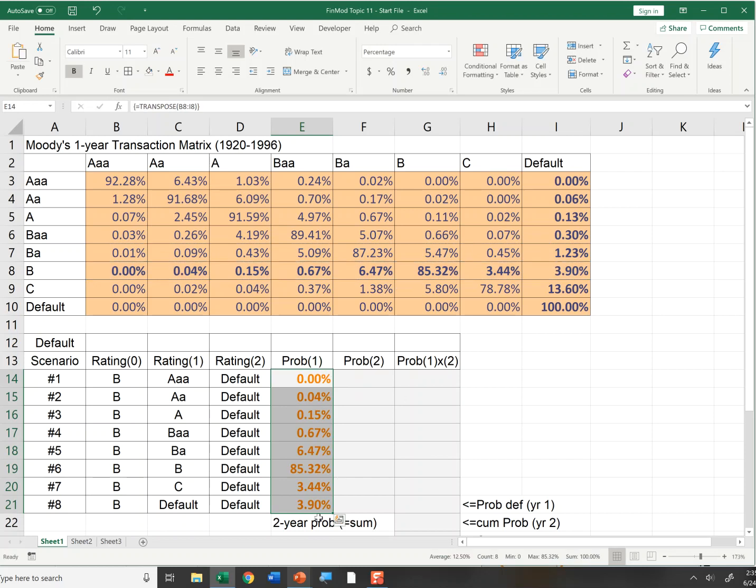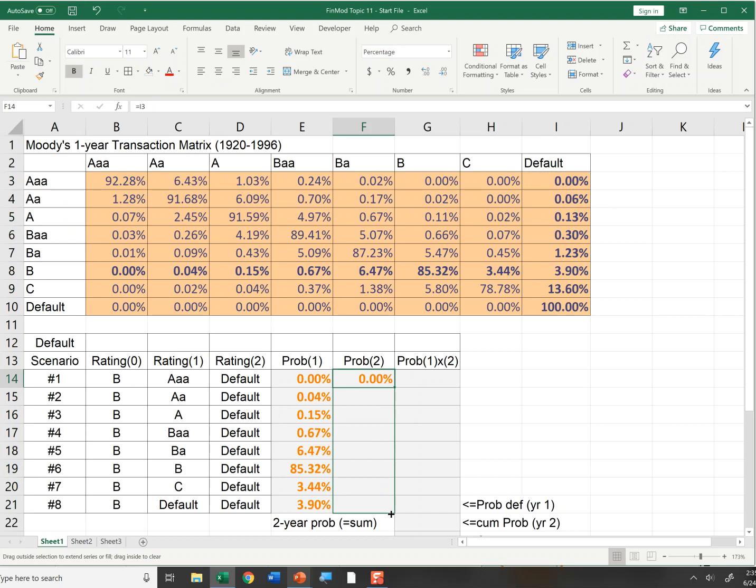So I've entered that row as a column. So these are the probabilities of going from this initial rating to these ratings. Now, what's the probability that a bond that's in these ratings winds up defaulting by the end of the second year? Actually, that's this column right here.